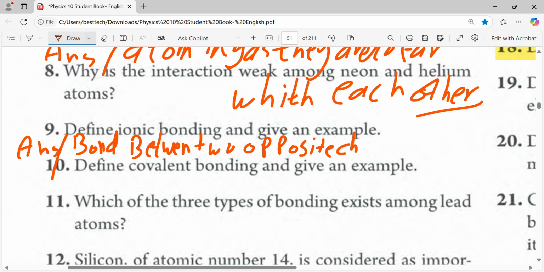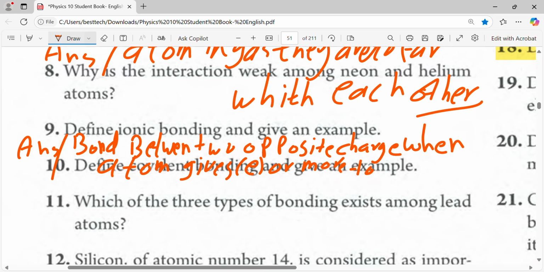Opposite charge. When an atom gives one electron or more to another, for example NaCl.